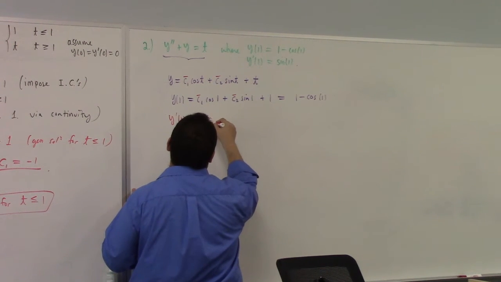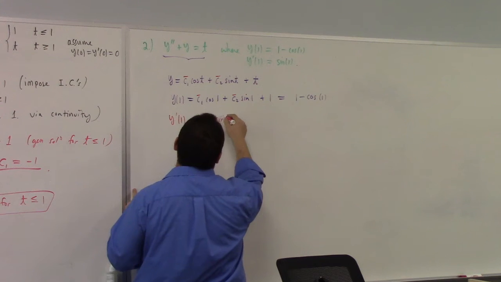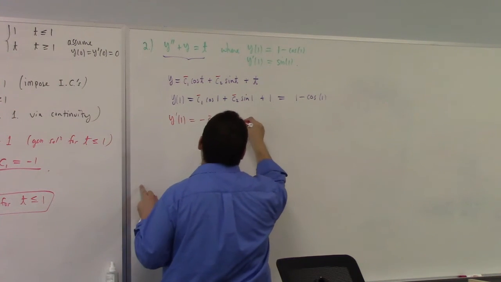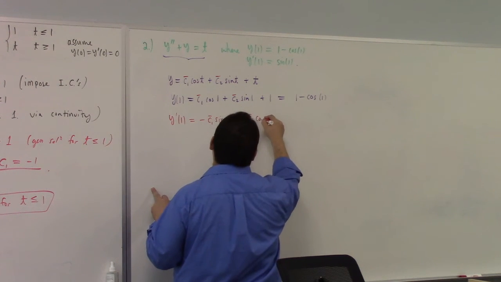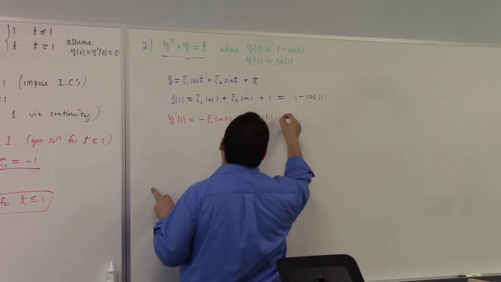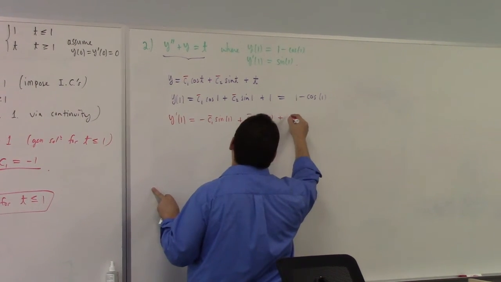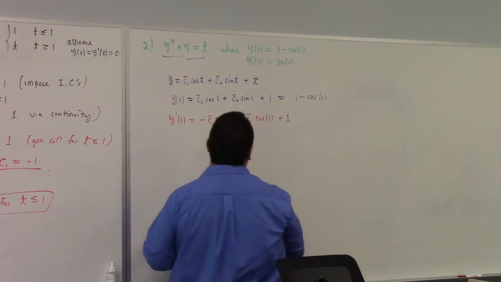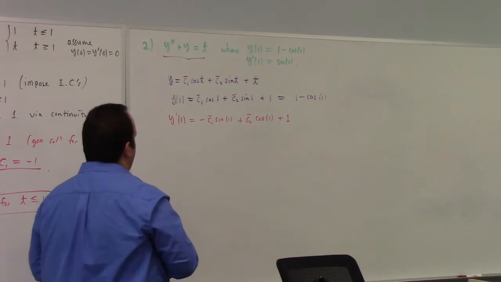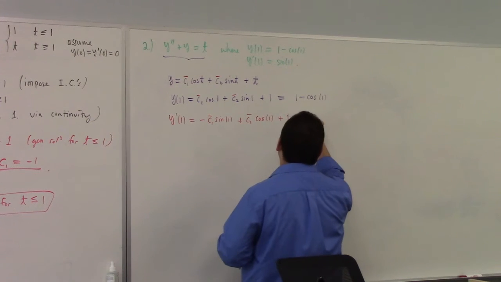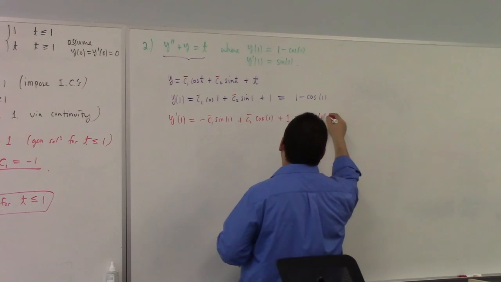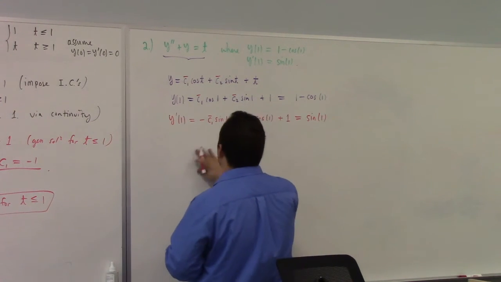Minus c1 bar sine of 1 plus c2 bar cosine of 1 plus 1, actually, as it happens here. And that's supposed to be equal to sine of 1. Let's see here.